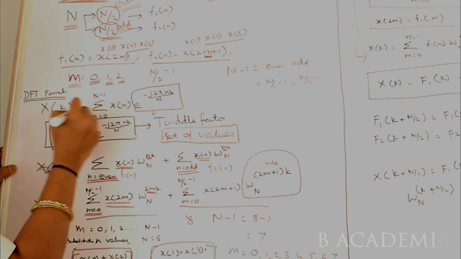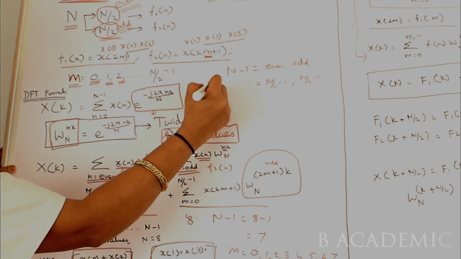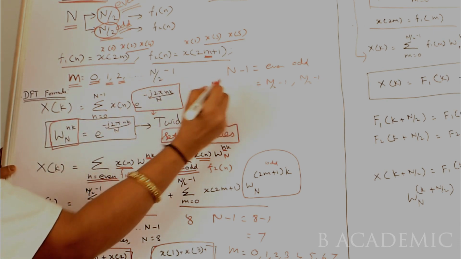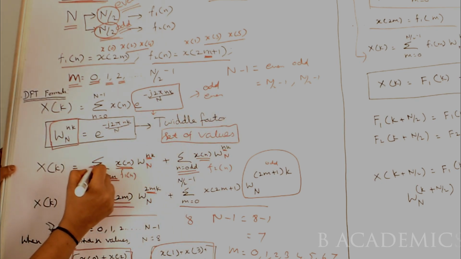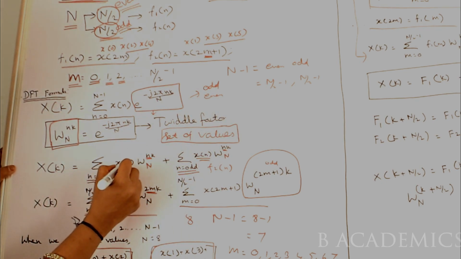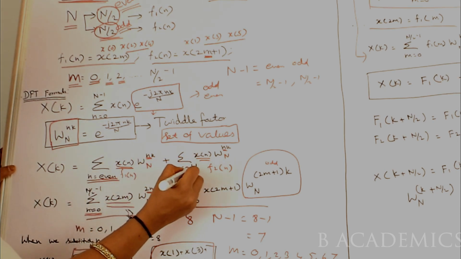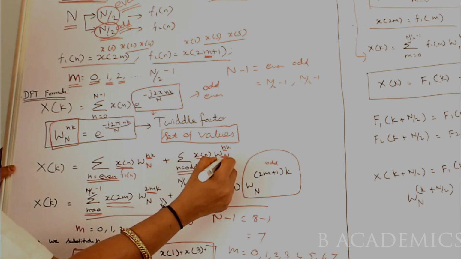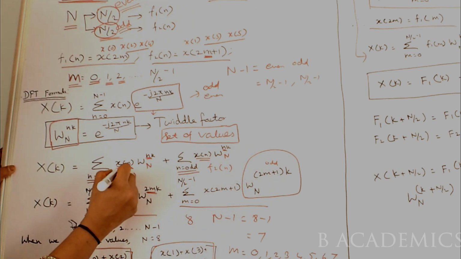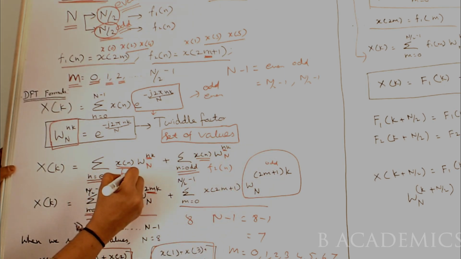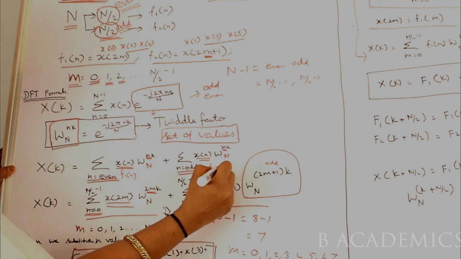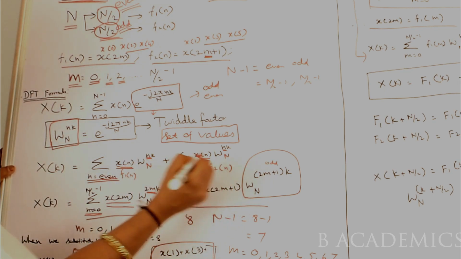I am dividing this term into odd and even. So summation n equal to even x of n W_N^nk plus summation n equal to odd x of n W_N^nk. This function is f1 of n and this function is f2 of n. This is even, this is odd.